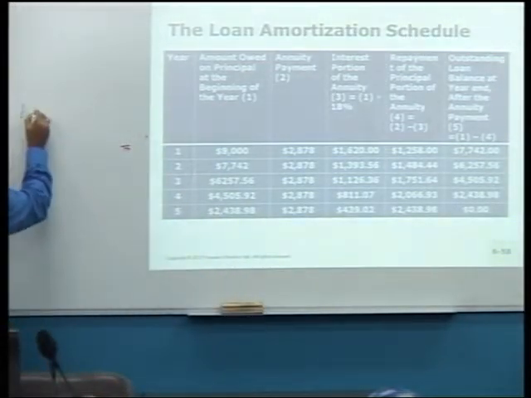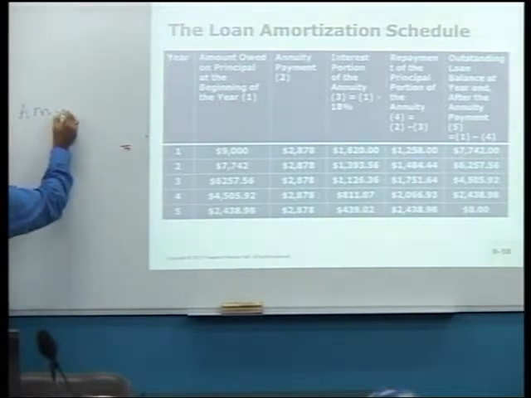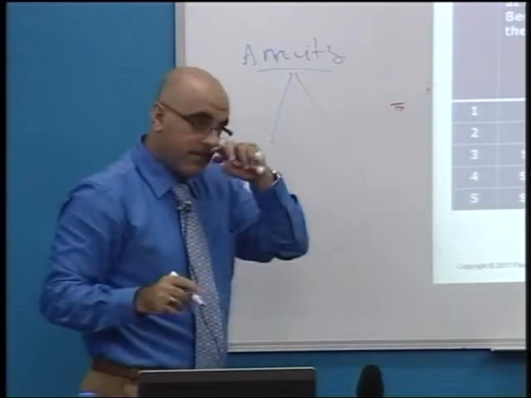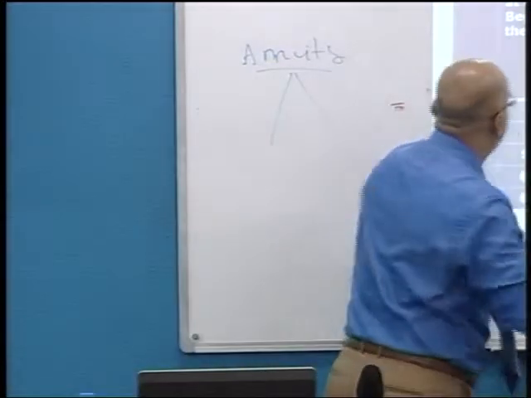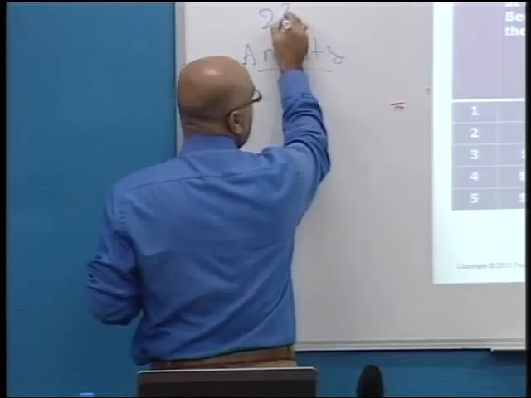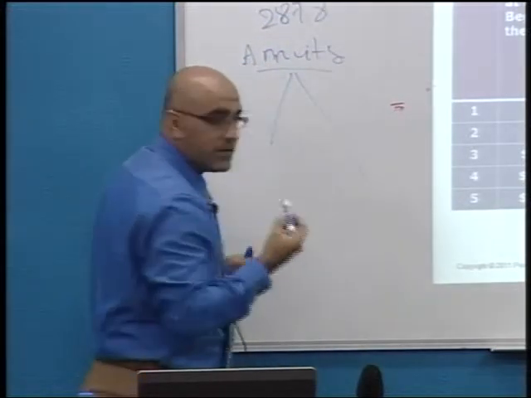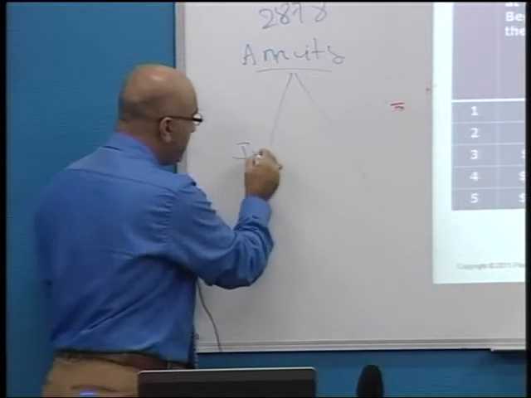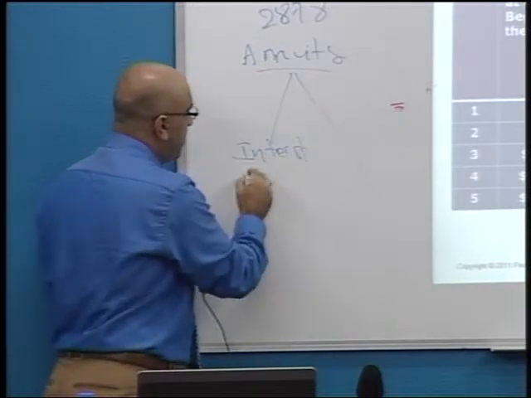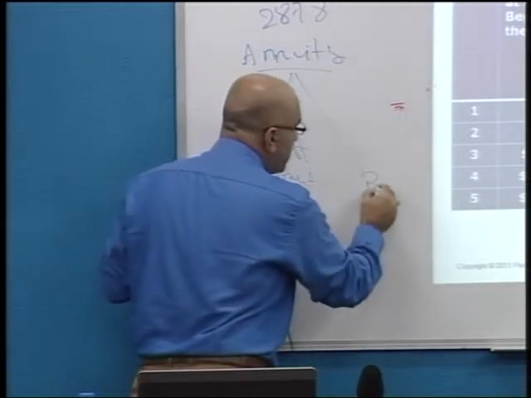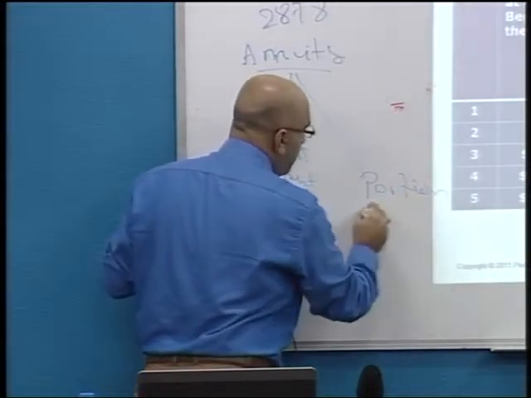We have the annuity payments, which is $2,878, and this includes the interest payments and a portion of the principal.